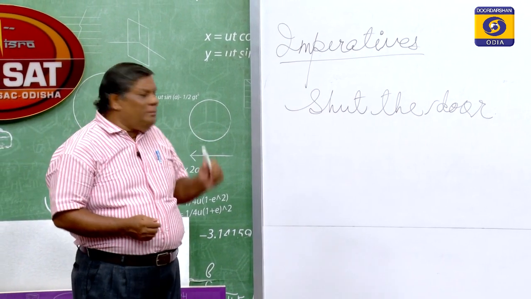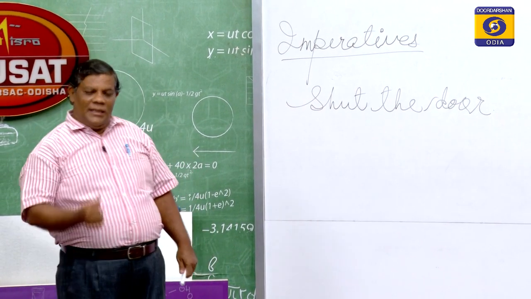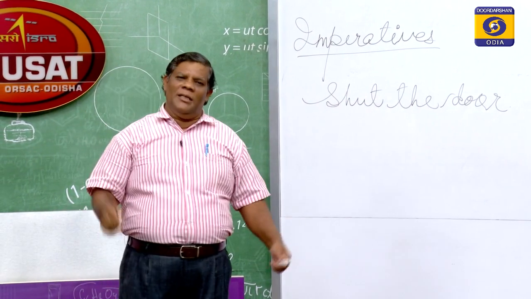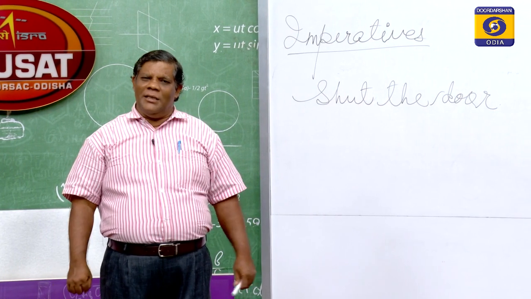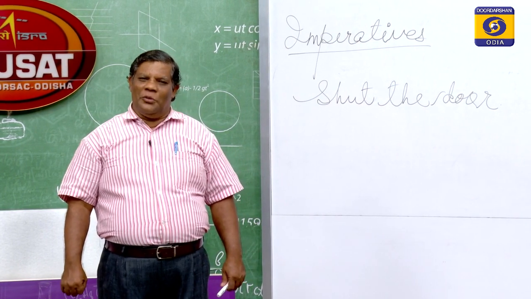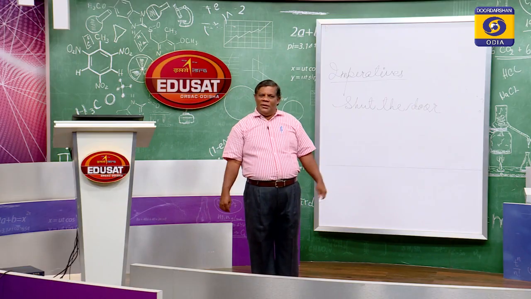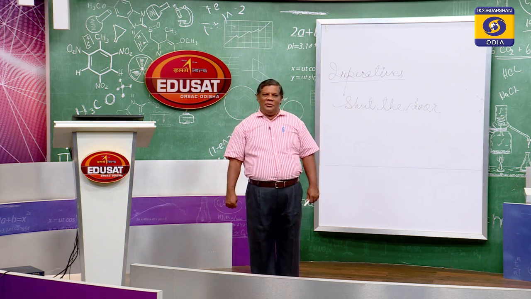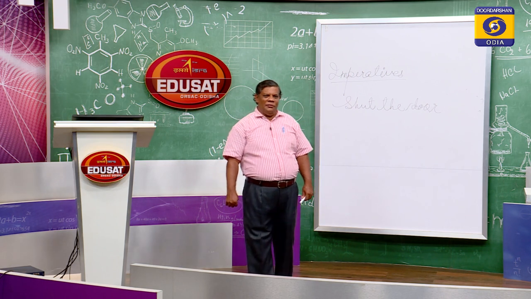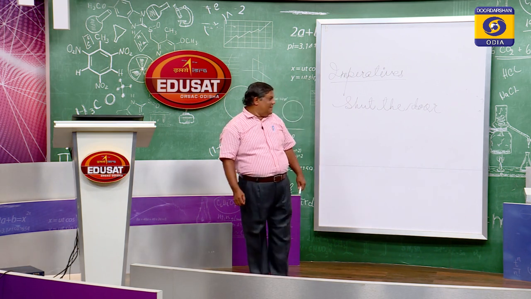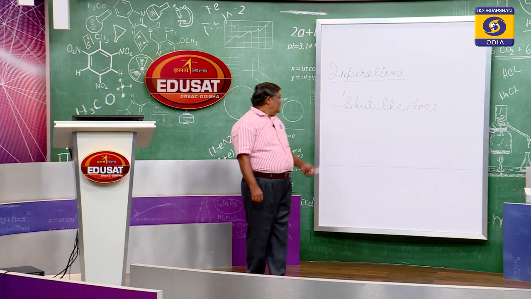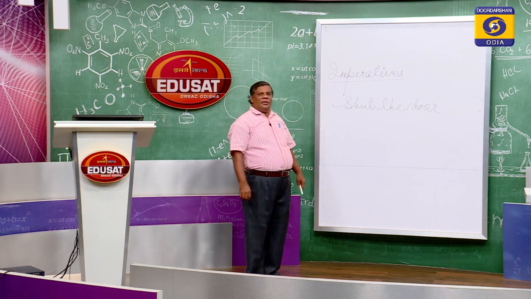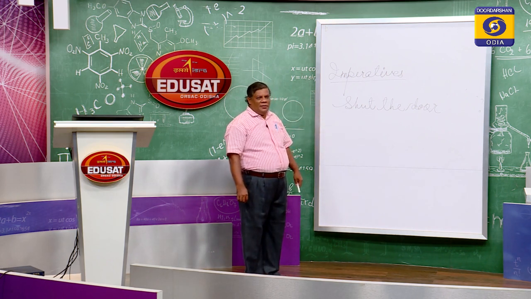This is an imperative sentence, because it is a sentence in which you can order somebody, you can request somebody. So, shut the door, you can order somebody to shut the door or the window for you. So, when we say such an imperative sentence, here we have a request or order or command.